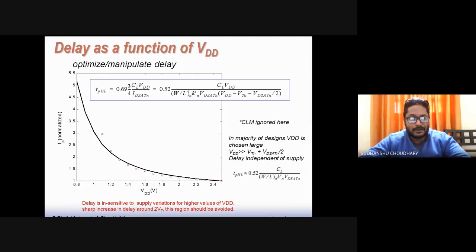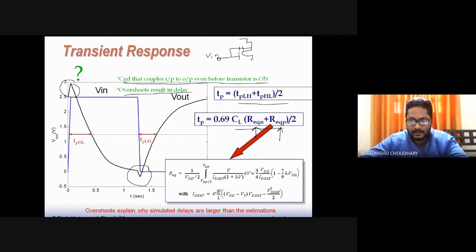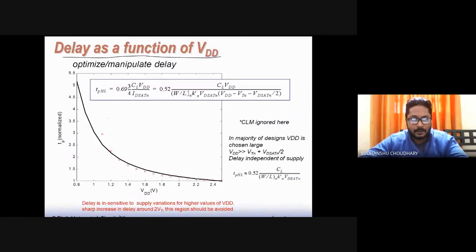Now the delay versus VDD. We had earlier commented that when you increase VDD, the delay goes down, and when you reduce VDD, the delay increases. That can also be seen over here. In fact, it can be found by again using the same equation which we saw here, that is the delay equation for TPHL.